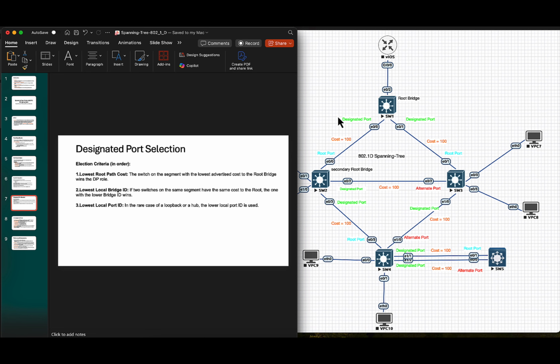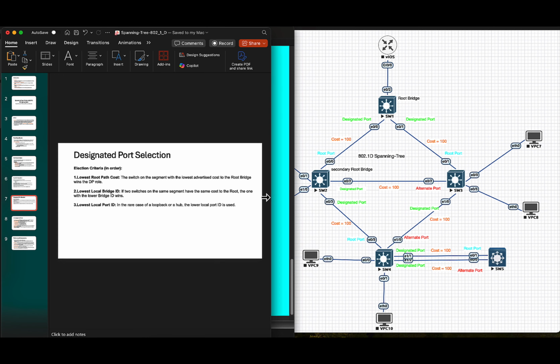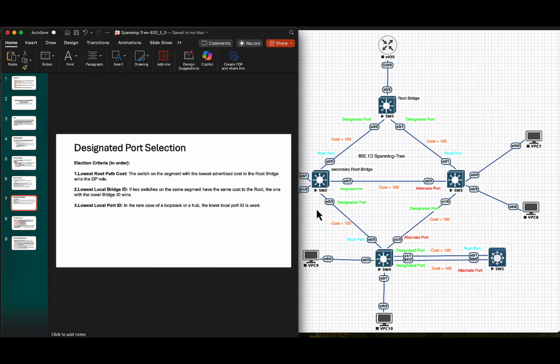But by default, this is everything default, besides making switch 2 the root bridge and switch 2 the secondary root bridge. Every port role is by default configured automatically within the spanning tree operations.